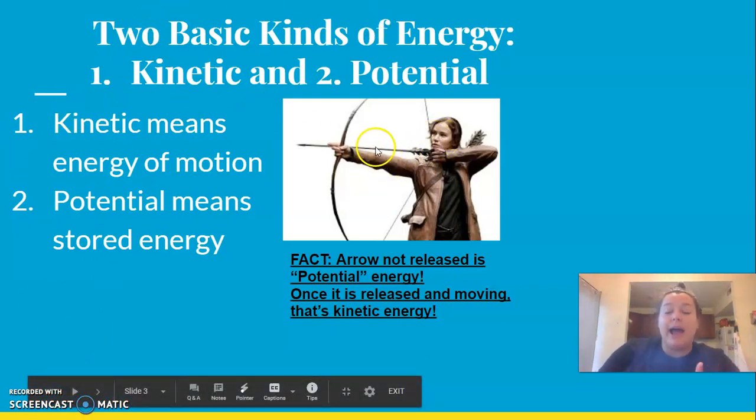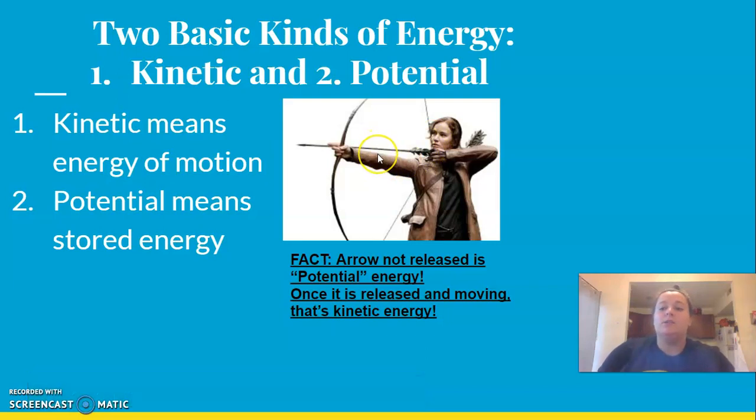The arrow is not actively moving, so it has potential. It's got stored energy. We all have potential energy. We all have this energy that's stored inside of us. Every single object has potential energy. For example, I have a candle just sitting right here. When it's sitting on my table and not moving, it has stored potential energy.